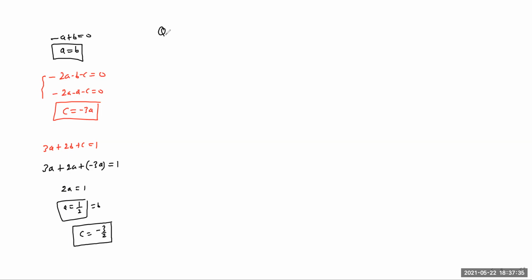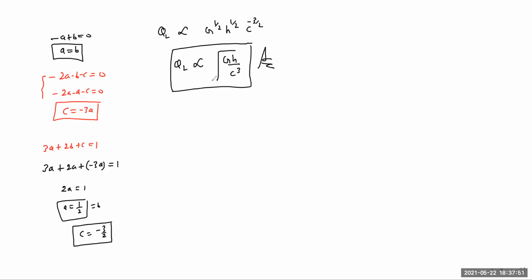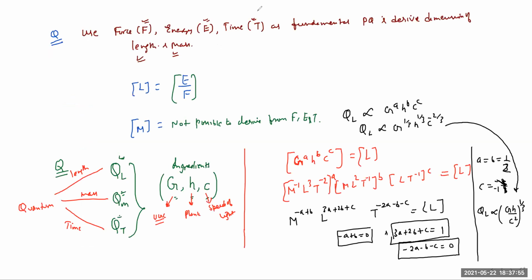So the quantum length is proportional to G to the half, H to the half, C to the power minus 3 by 2. So basically this is the square root of GH by C cube. This is the answer. I think this is the right answer, because minus 41 should come as the smallest value, because that is what I remember from one time back when I did this calculation.